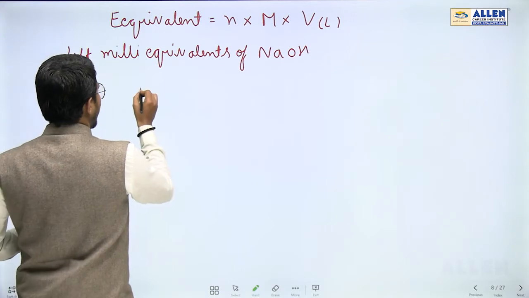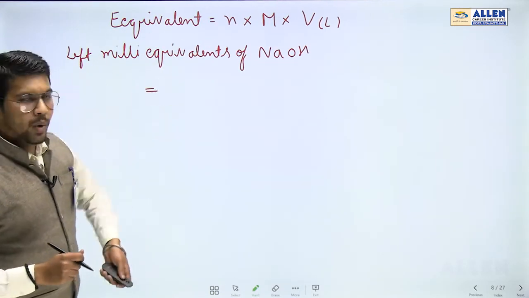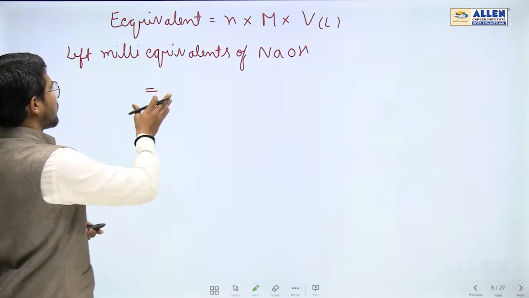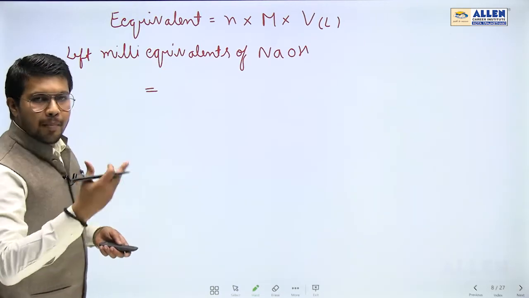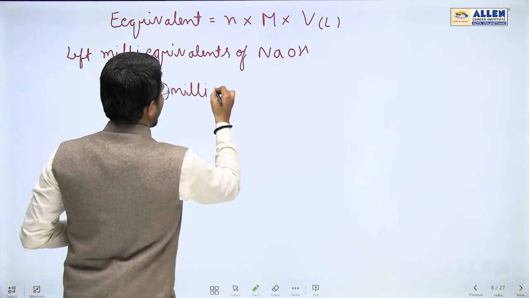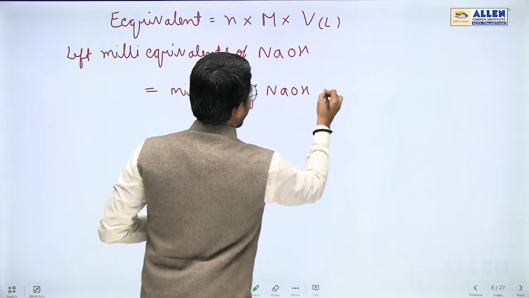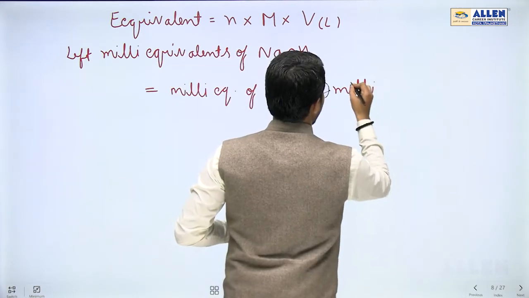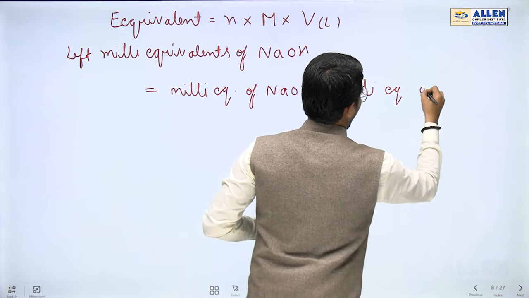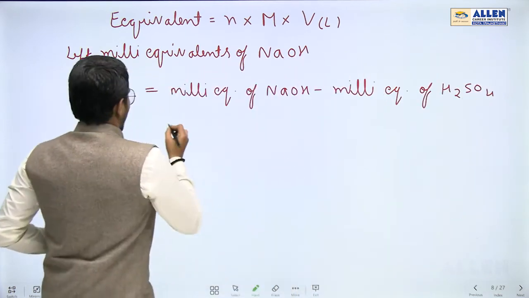So how will we do that? We have this formula N into M into V. So first of all, we'll write the milliequivalents of NaOH minus milliequivalents of H2SO4. Correct?